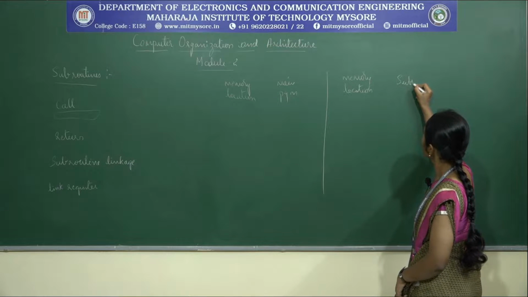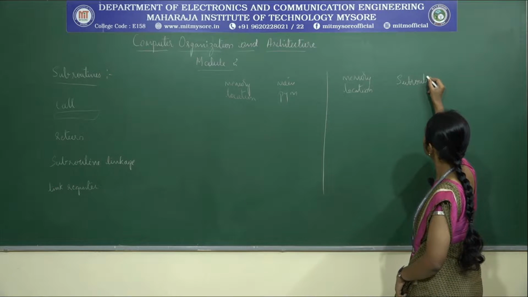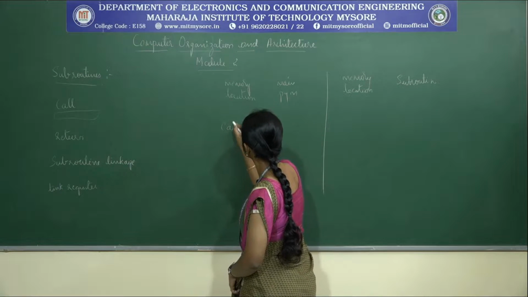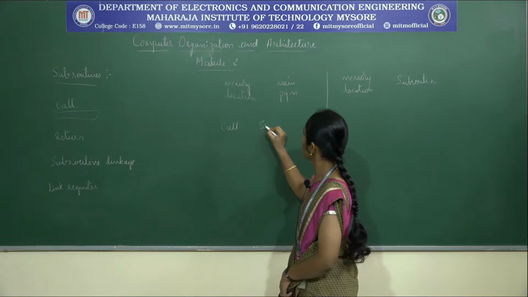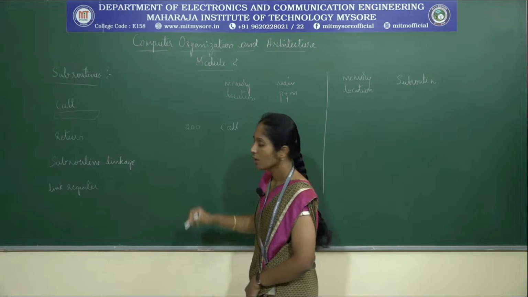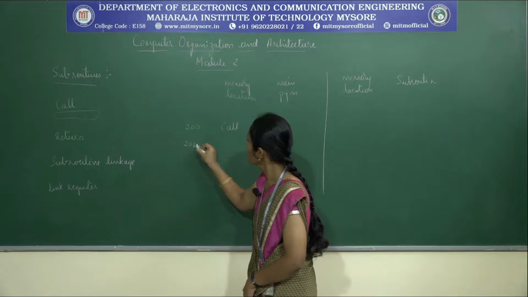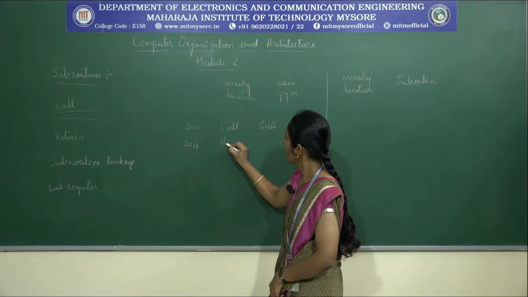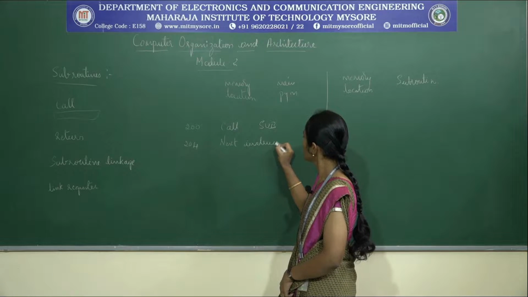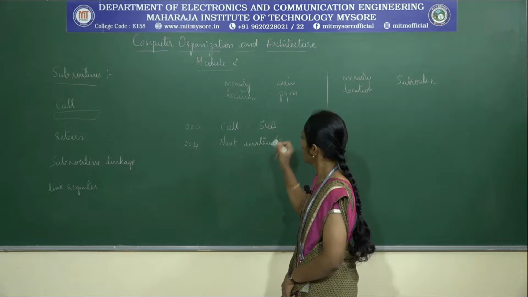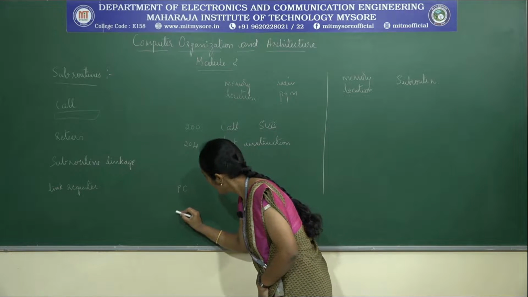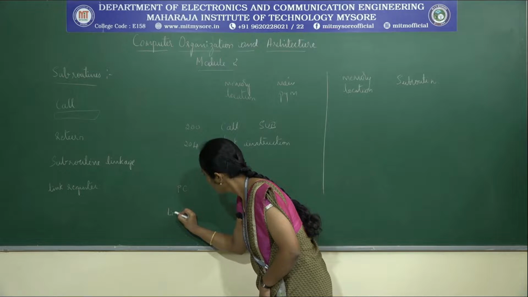Let us call it sub, and assume the call is at memory location 200, and the next instruction is at 204. Now let us see what the content of the PC is and what the content of the link register is.